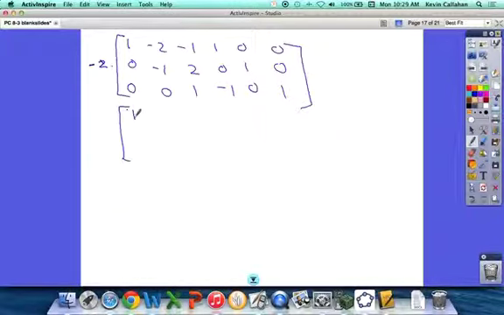Negative 2 times that plus that is 0. Negative 2 times that is negative 4 plus negative 1 is negative 5. Negative 2 plus that, 1, negative 2, and 0. Now everything else is unchanged. 0, negative 1, 2, 0, 1, 0. And 0, 0, 1, negative 1, 0, 1.